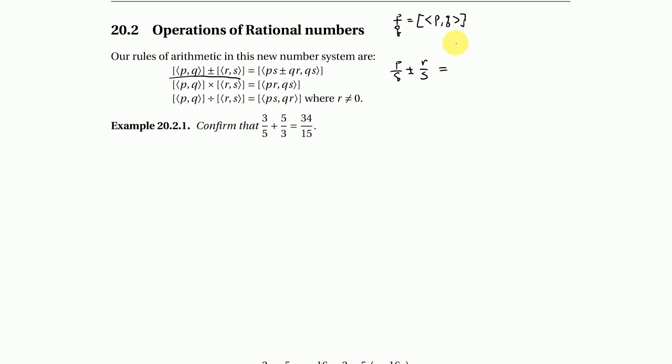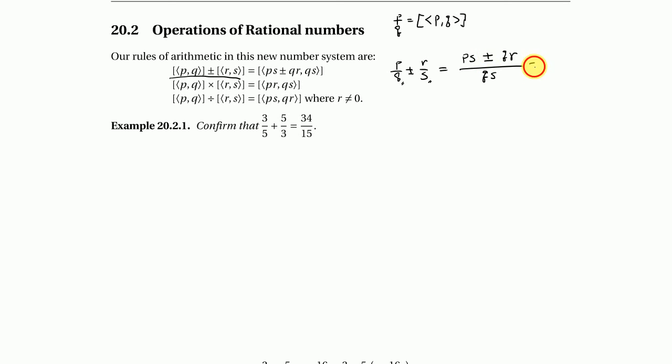The usual technique for that is making a common denominator, which means we have to multiply S for the numerator and denominator of the first term, and multiply Q for the numerator and the denominator of the second term. If it's plus, then plus; if it's minus, then it's minus for the numerator only, right?